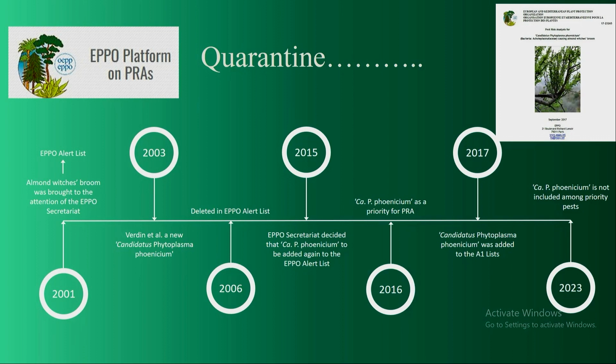Since the disease has spread in Lebanon, Verdin et al. in 2003 found a new Candidatus phytoplasma species, Candidatus phytoplasma phoenicium, that was found to be associated with the disease in Lebanon and Iran. Based on the PRA, pest risk analysis, Candidatus phytoplasma phoenicium was added to the A1 list of pests recommended for quarantine in 2017. Currently, however, Candidatus phytoplasma phoenicium is not included among priority pests.